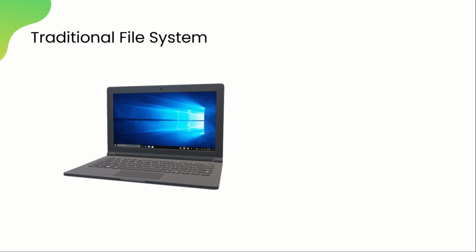After the file system, there was a new upgradation, which was the traditional file system. Now we were storing the files on the computer in the form of data. Now the data was easily expandable to large departments.